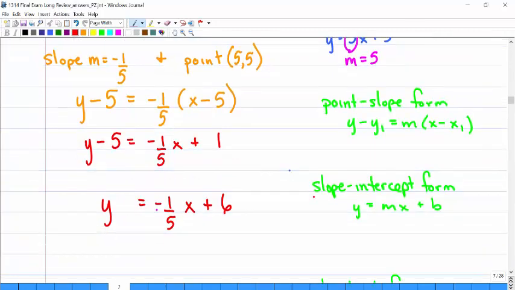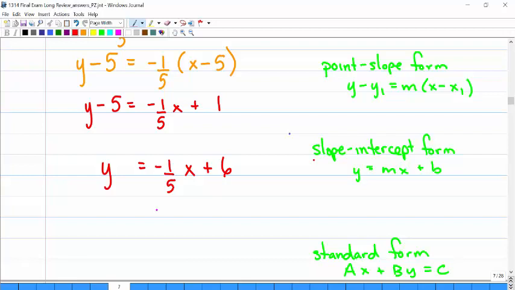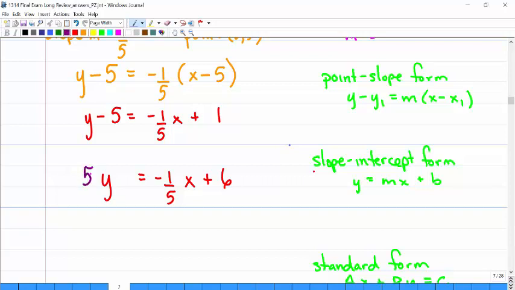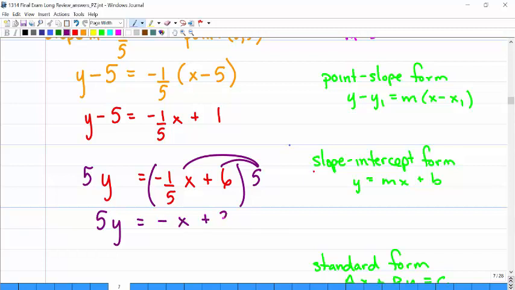If I want to write it in what's called standard form, ax plus by equals c, I would first want to multiply everything by 5. Actually, I'm just going to do it this way. I'm going to say times 5, and then I'm going to distribute. So I get 5y equals -x plus 30.